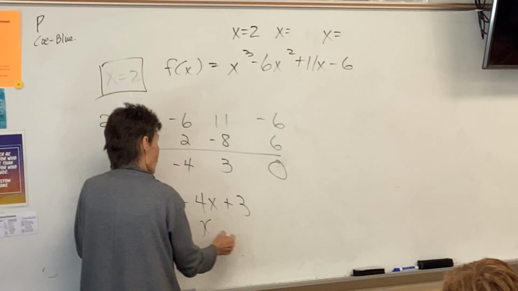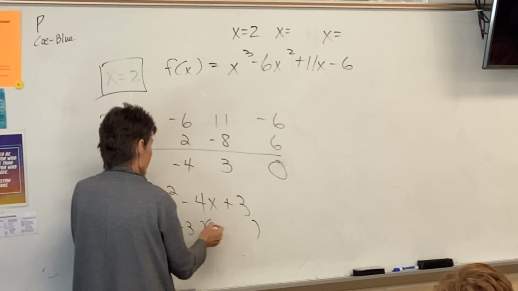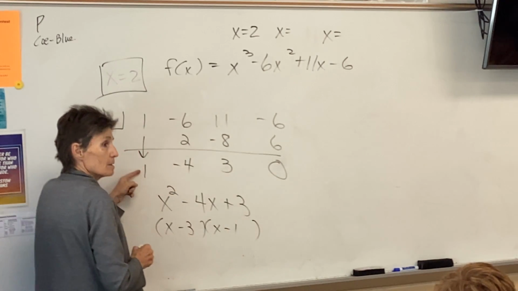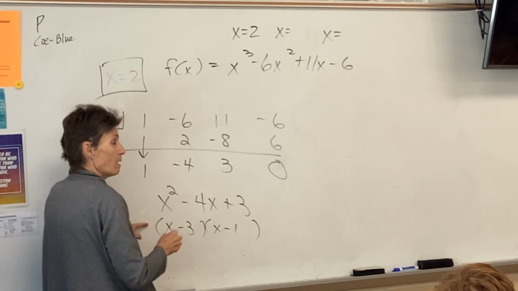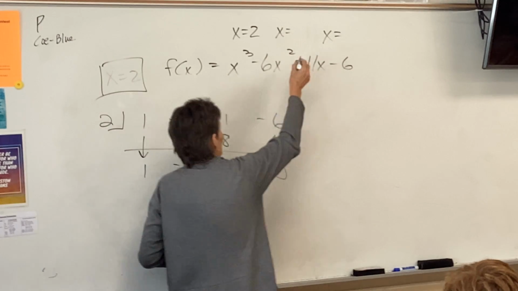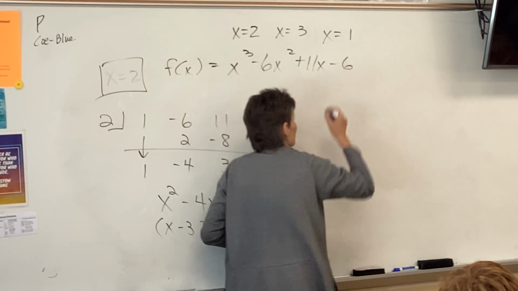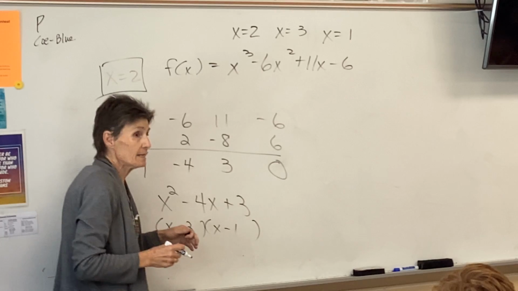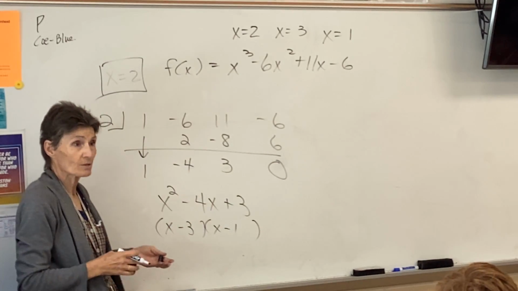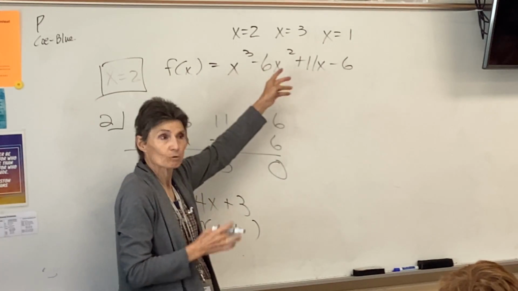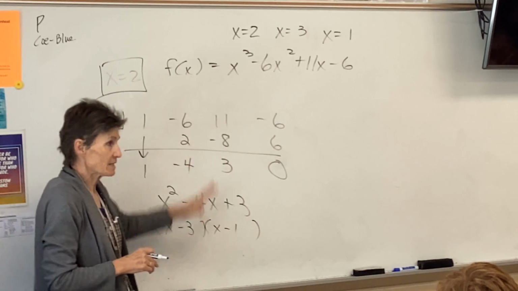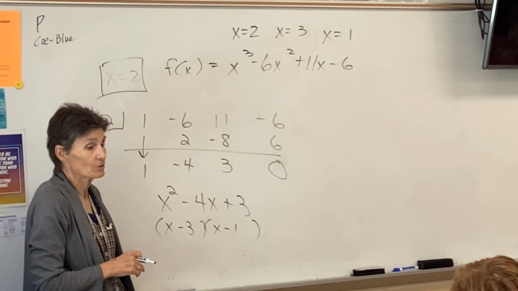This factors, or I could use the quadratic formula. So my other 2 roots are 3 and 1. Had I started doing PRRs and guessing, I would eventually get 3 and 1, but this is generally faster, just through the division.